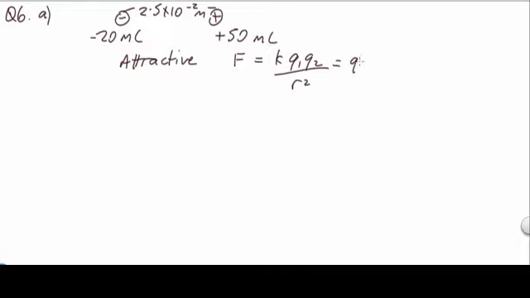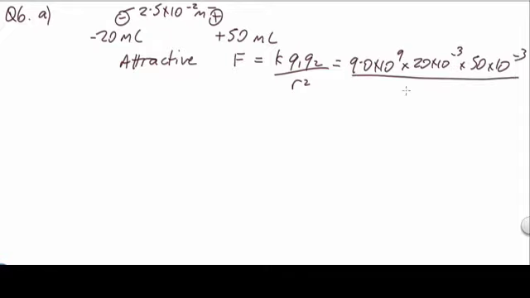So we have 9 by 10 to the 9 times 20 by 10 to the minus 3 times 50 by 10 to the minus 3, over 0.025 squared, and that gives us about 1.4 by 10 to the 10 newtons.